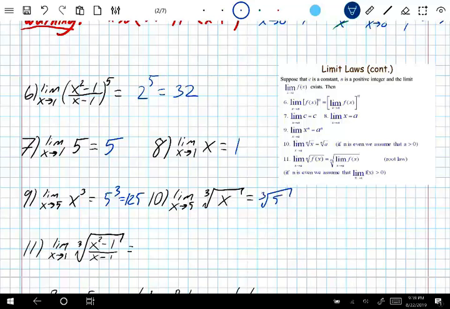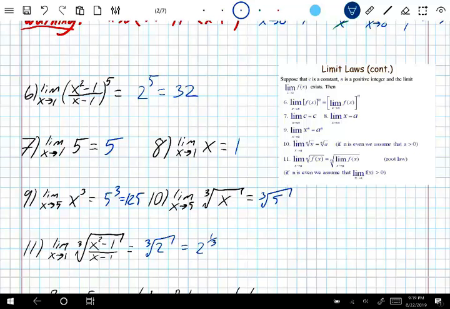And 11 is really the same thing. 10 is just using an x, 11 is using an entire function. And so in this case, this is just the cube root of 2, which I cannot simplify. Quick reminder, cube root of 2 is 2 to the 1/3. So really this is also telling us that fractional exponents are just fine as well.